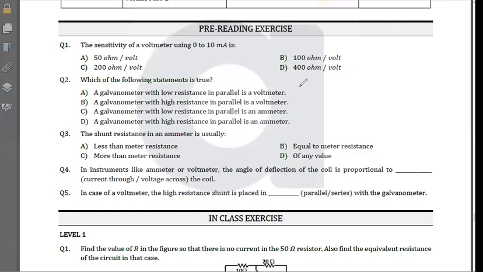Tell me, guys, what would be the answer of this one? Abhiram, think about it.